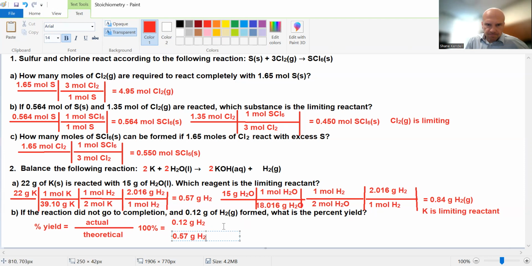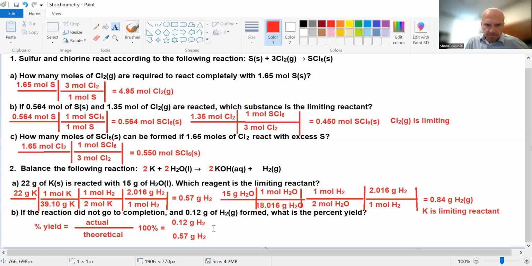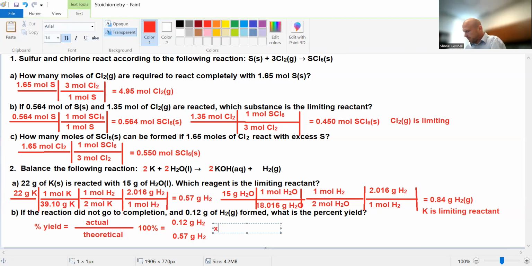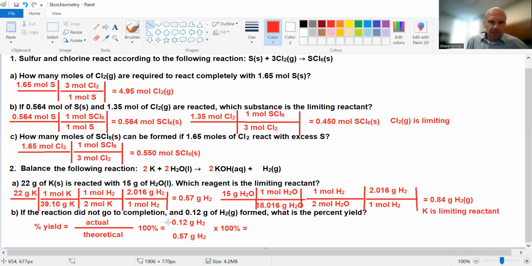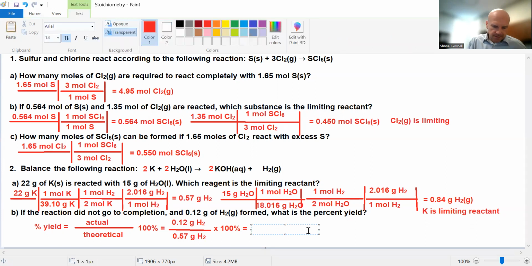Okay. Multiplied by, so we'll put that in the calculator in a second. And when we do, we're going to get 21%.